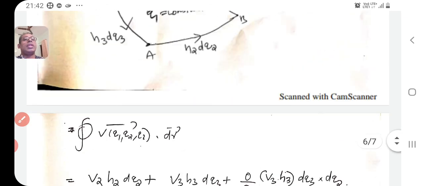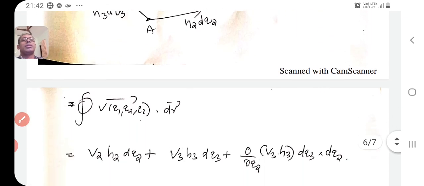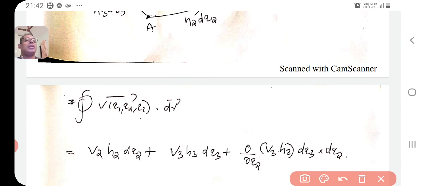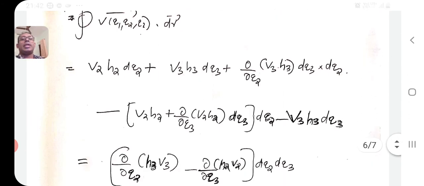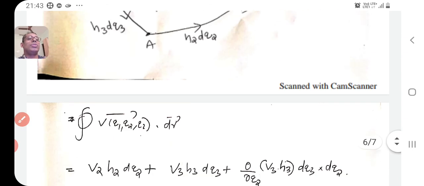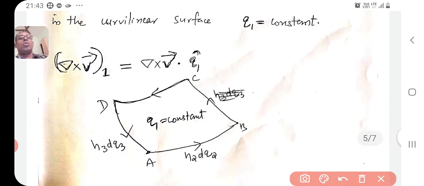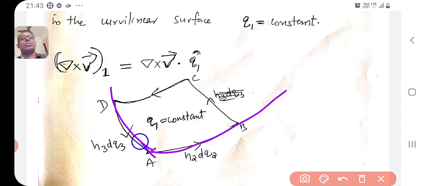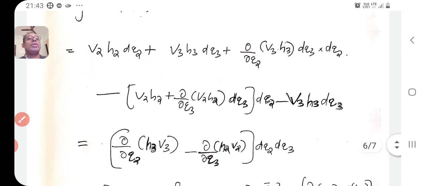Then for the last one, DA, it will be minus V3 h3 dQ3, because we are moving in the opposite direction. Q3 is increasing in this direction and we are coming in the opposite direction, so we have taken a negative sign.